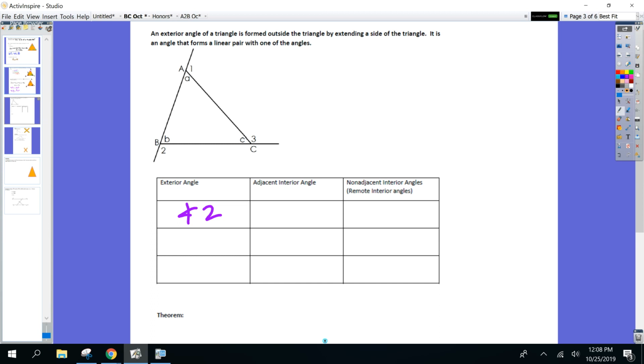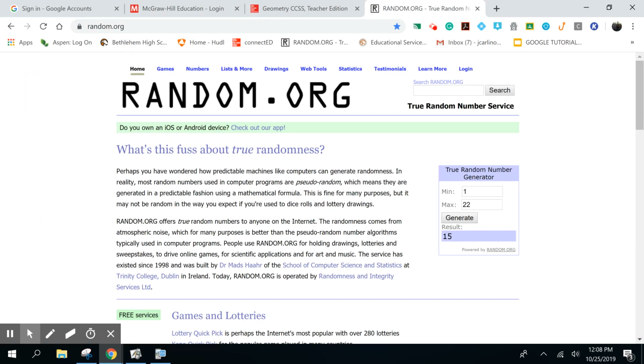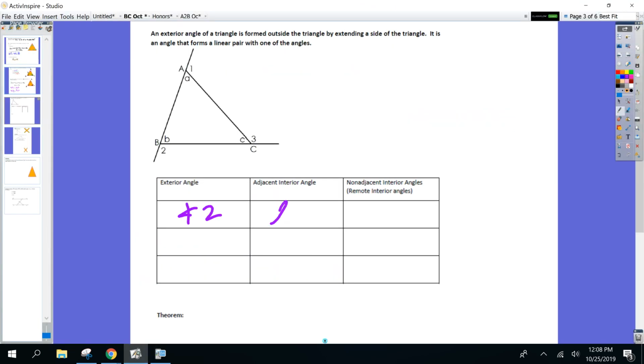Everyone good? All right, now let's get familiar with some new vocabulary. I'm at angle 2. What would be the angle that's adjacent interior to it? Adjacent interior. So it's inside the triangle, adjacent to angle 2. And that would be angle b, lowercase. Yep. And here's the important term. If I have the adjacent interior, I can also have non-adjacent interior angles to angle 2.